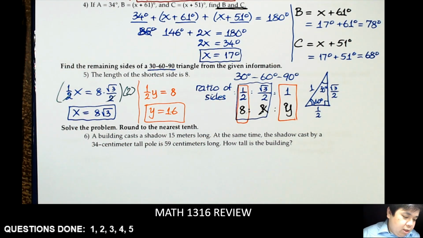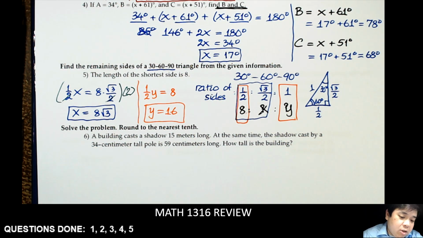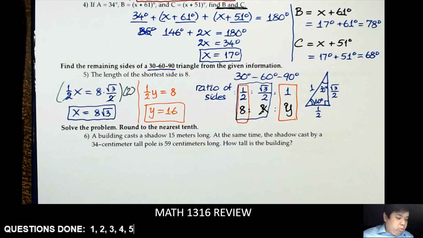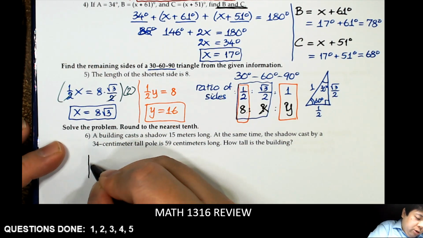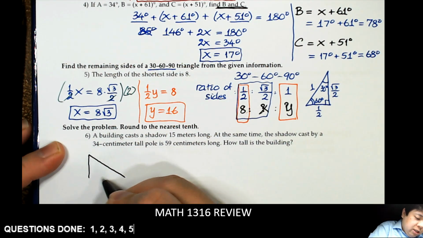Number 6. A building casts a shadow of 15 meters long. At the same time, the shadow cast by a 34 centimeter tall pole is 59. So we pretty much have two triangles, and that's similar. So for a building, we don't know how tall it is.